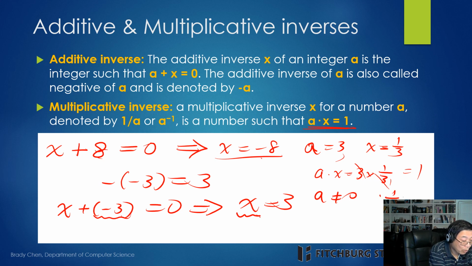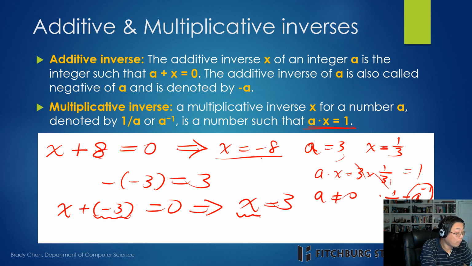Sometimes we also use the notation a to the minus 1 to represent the multiplicative inverse of a. That's very important: if a is 0, then there's no multiplicative inverse. Only when a is non-zero is the multiplicative inverse of a the reciprocal of a.